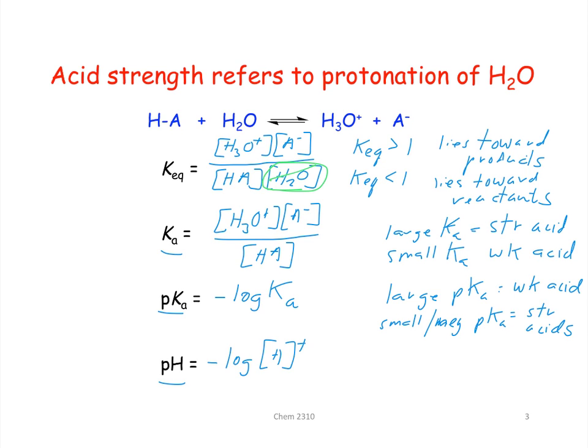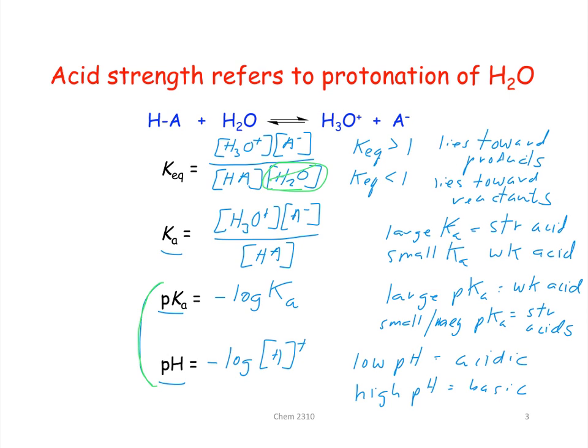If we have a very low pH, remember the solution is acidic. And if we have a high pH, then the solution is basic. But even though these two have the same form, they're fundamentally different.